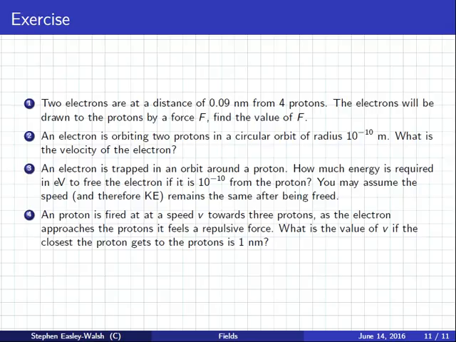Which potential energy formula should I use? The one we have from today.